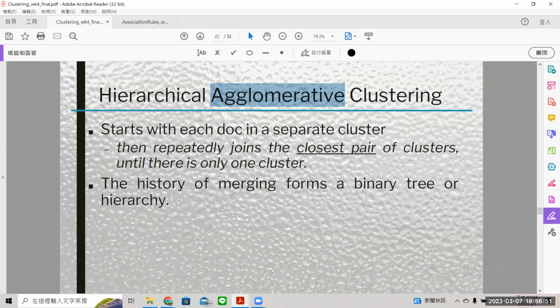We start with each sample point in a separate cluster. Then we repeatedly join the closest pair, which is the logic of clustering, until there is only one cluster. The history of merging forms a binary tree or hierarchy. This is what we do during the process.